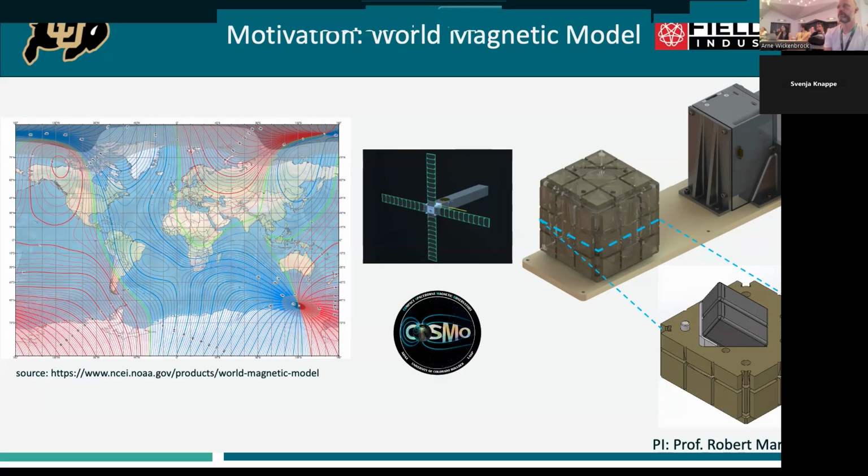Yes, the sensor will go on a very small satellite. The satellite is 10 centimeters on the side and 60 centimeters long. And the sensor sits on that, and we send it up into space, and it just keeps monitoring Earth's magnetic field over time. Okay. And then that information will feed into this model we're making of Earth's magnetic field.